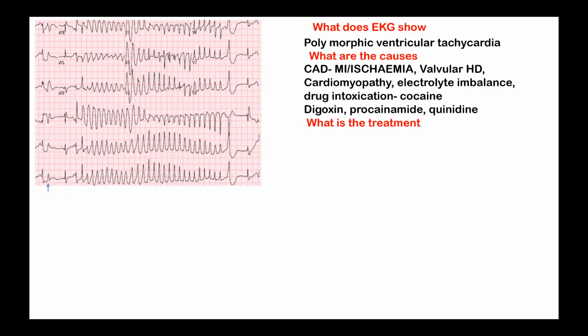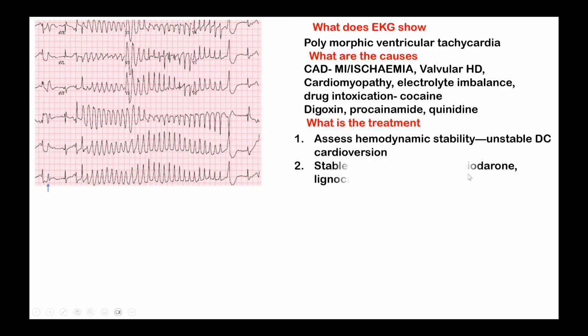So coronary artery disease, what will you do? So first thing is you must see whether the patient is hemodynamically stable or not. In any arrhythmia, always find out whether the patient is hemodynamically stable or unstable. And if it is unstable, go for DC cardioversion.